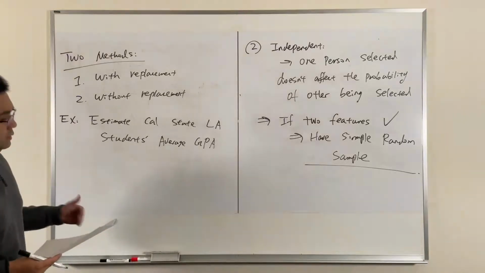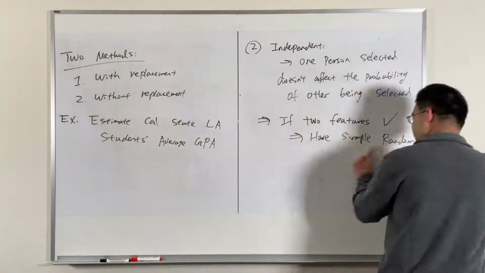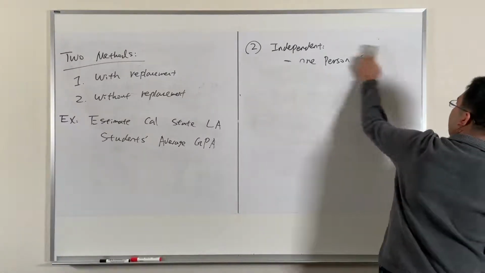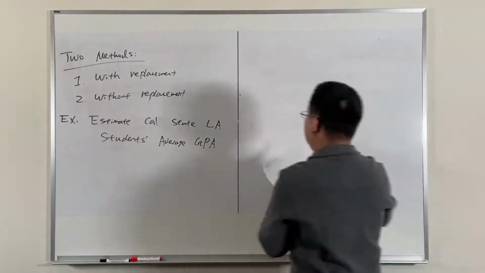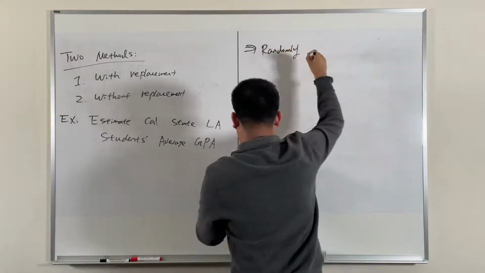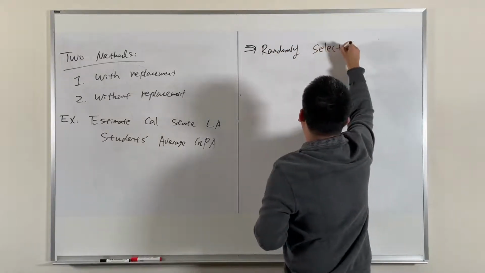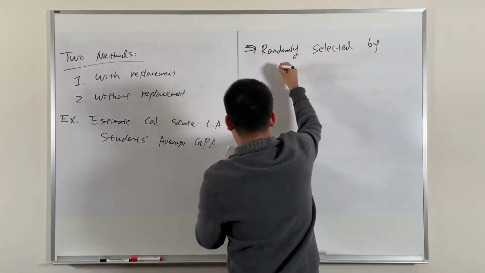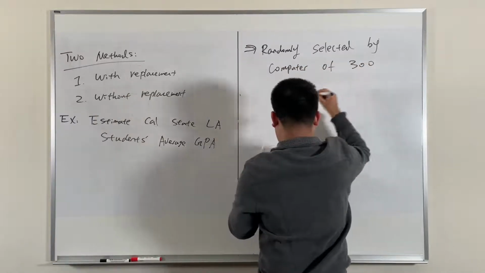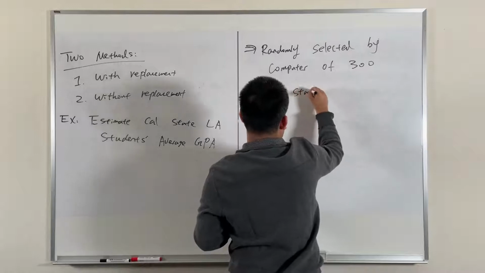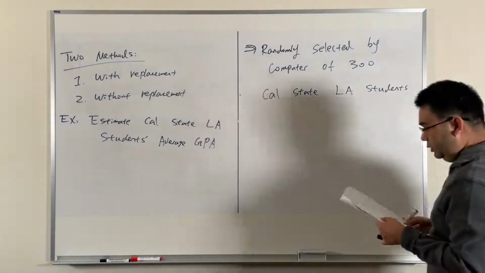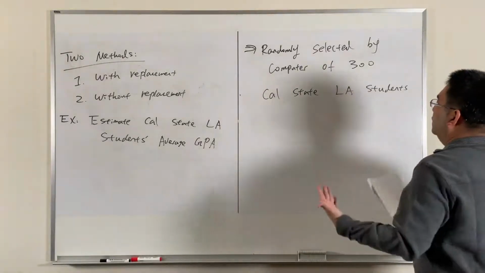And then the way we do this is we're going to randomly select, by computer, 300 Cal State LA students, right? We're randomly using computer to pick out 300 students, and then we're going to calculate the mean of these 300 students.